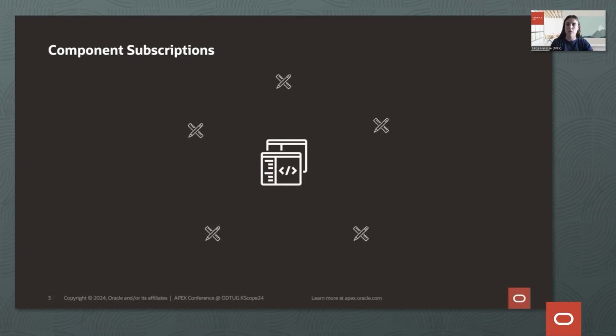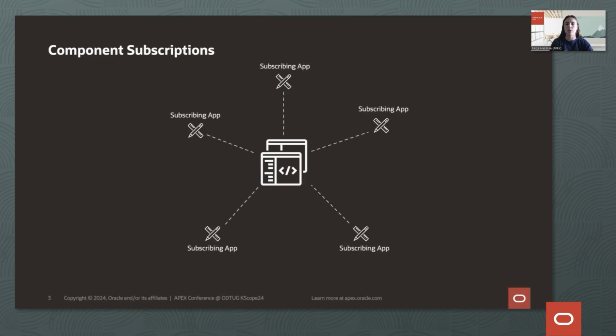So we have that central location for our shared components that are going to be able to be subscribed to. And then we have these individual applications in our workspace that me and my team are consistently working on, and they need to subscribe to that reference application. So we have all of our subscribing apps, and we have our reference application.